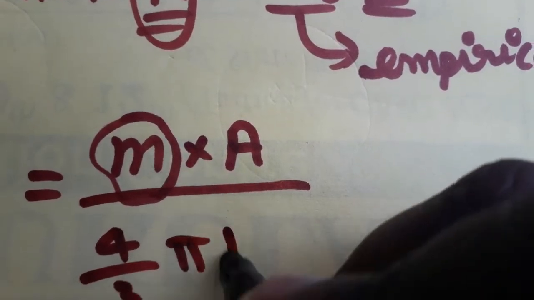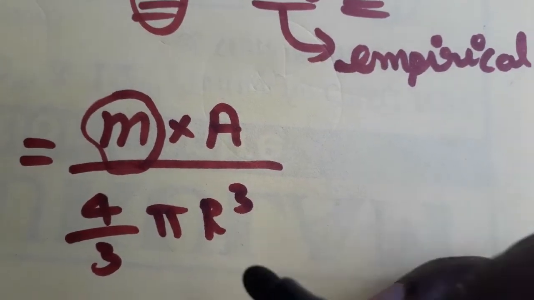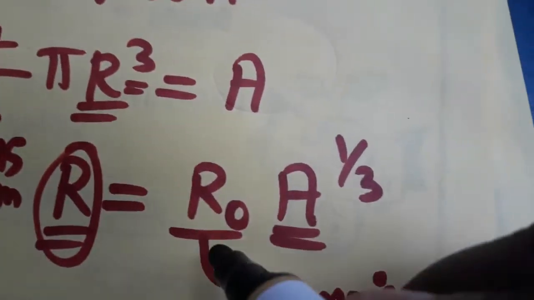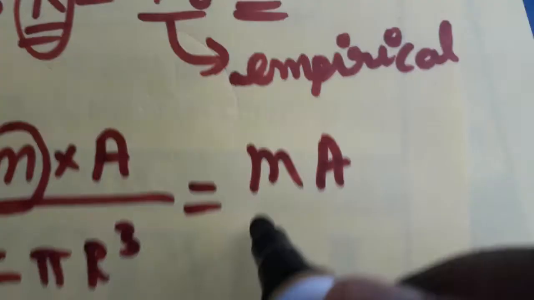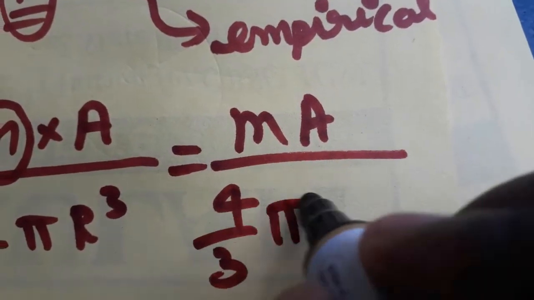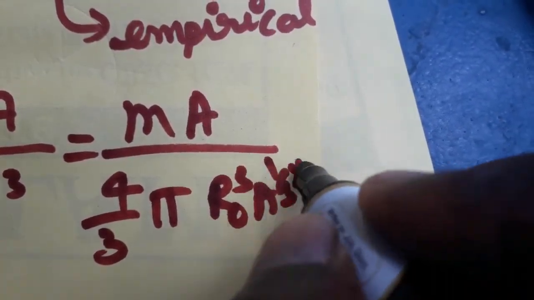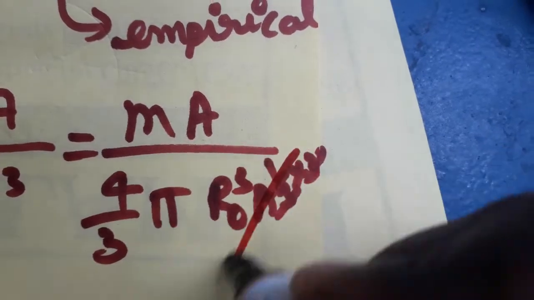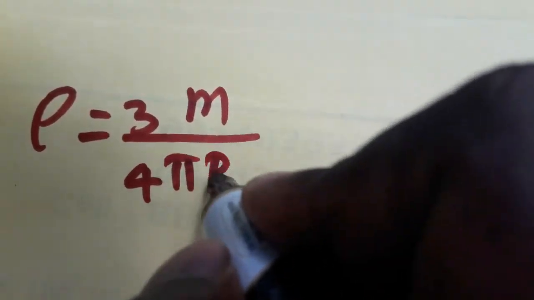The volume is 4 by 3 pi r cube, and r is r naught times A to the power 1 by 3. That means we get mA divided by 4 by 3 pi r naught cube times A to the power 1 by 3 into 3, which gets cancelled. Finally the A gets cancelled, so 3 goes to the numerator. The density of the nucleus is equal to 3m divided by 4 pi r naught cube.